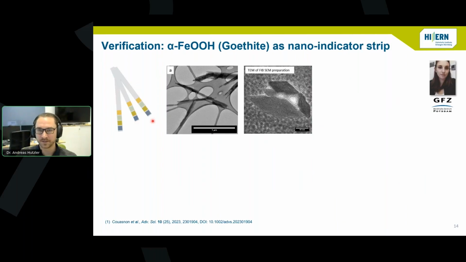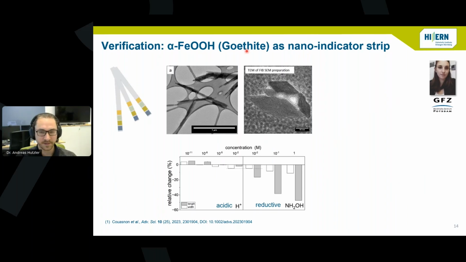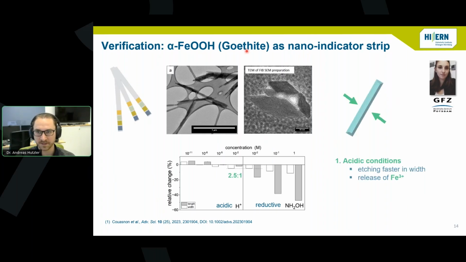So our colleague Thais Cournot had the idea, okay, we could use alpha iron oxyhydroxide named goethite as nano indicator strips. And she did very extensive ex situ characterization looking at the structural evolution, so growth or dissolution of these needle-like structures, and found out, okay, at acidic conditions, we have an etching of these needles, which proceeds faster in width than in length.